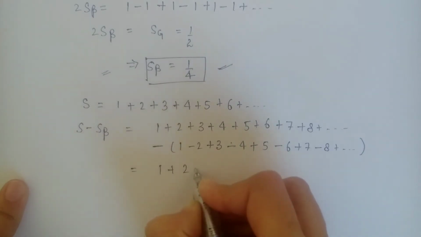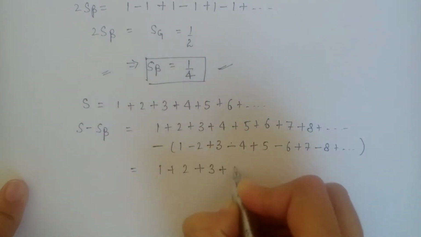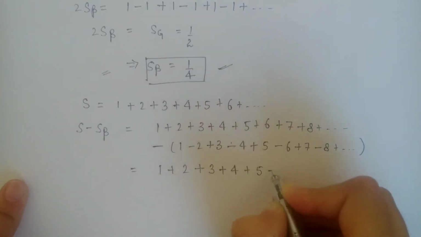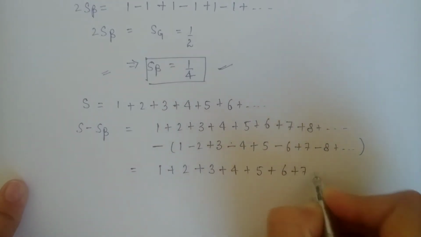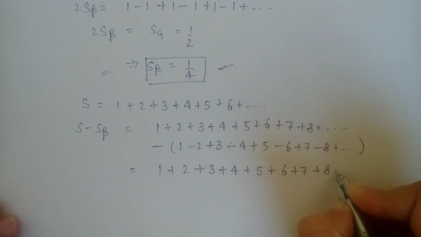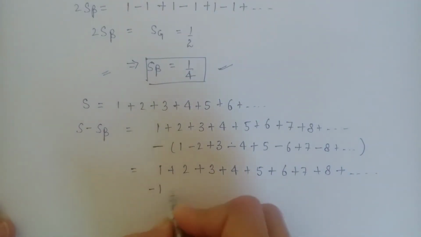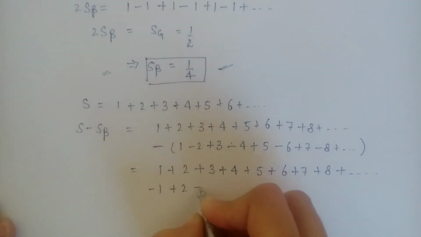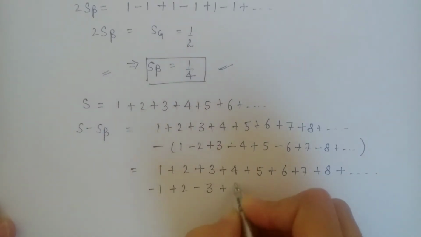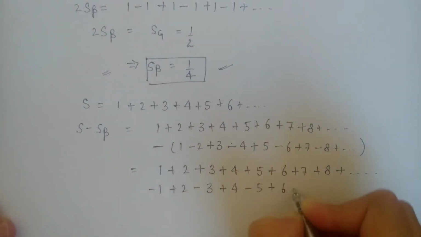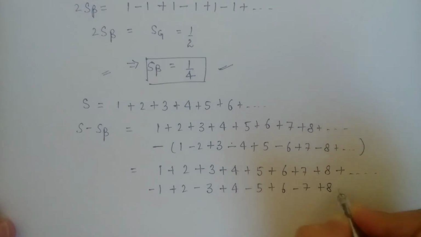So after writing this, when I open the brackets, I will get 1 plus 2 plus 3 plus 4 plus 5 plus 6 plus 7 and so on. And now the next series with changed signs, meaning minus 1 plus 2, the signs will change of course when I open the brackets.